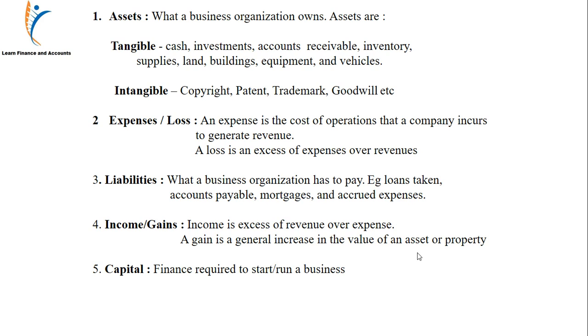The second type of account is expenses and losses. An expense is a cost of operation that a company incurs to generate revenue. Suppose we spent $75 to produce or manufacture a commodity, and we sold the finished commodity at $100.